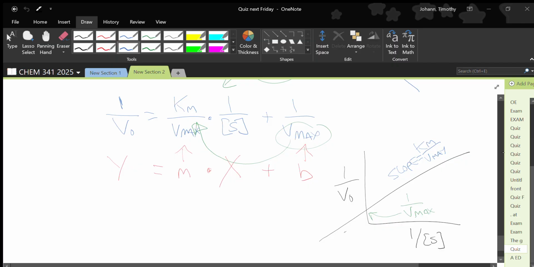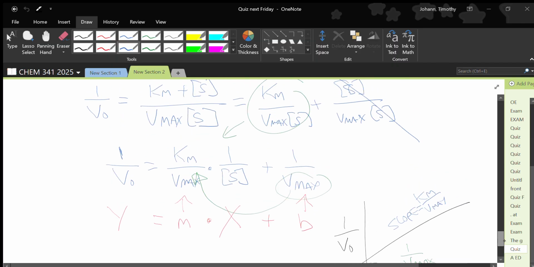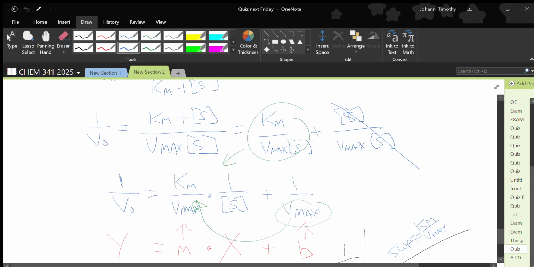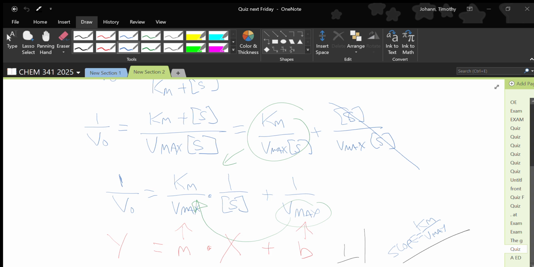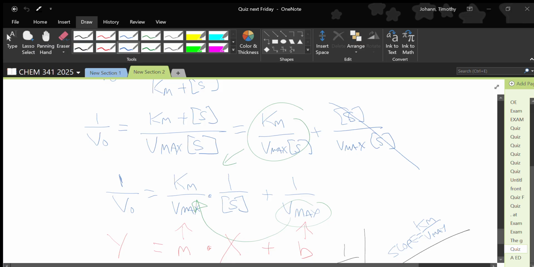Okay, so if we look at this from last week, what we do is we take this and we're going to divide 1 into each of these. And so we can flip this, right? And before we do that, we can separate these two out before we flip them, because we have the same denominator here.